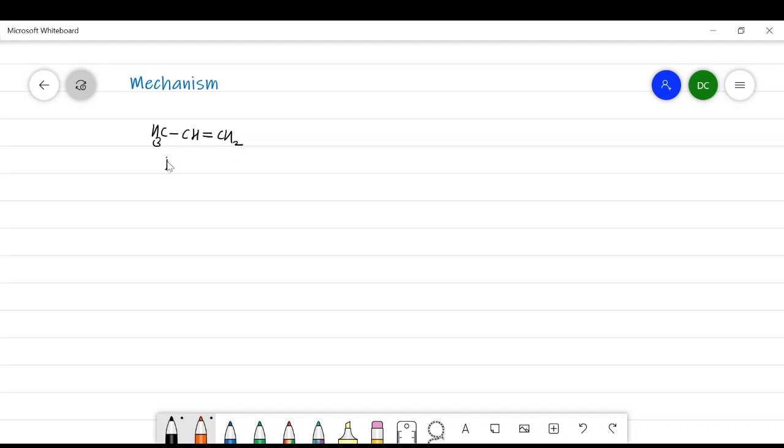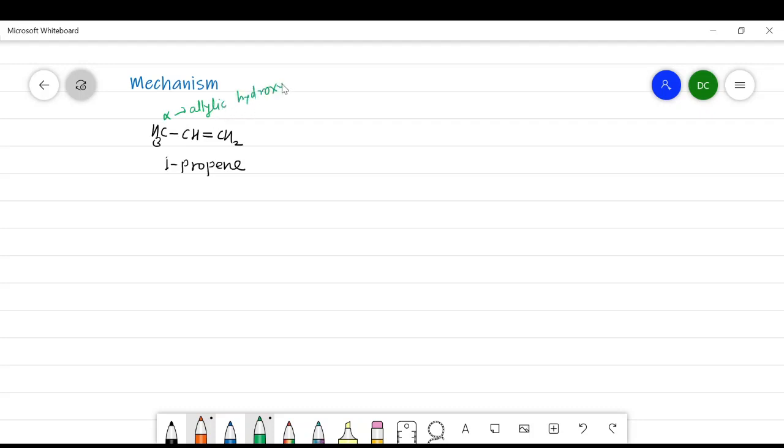This is 1-propene, and in this propene, these two carbons are joined by a double bond, and this carbon which is attached to this carbon is known as an allylic carbon. So there is a presence of allylic carbon or alpha carbon which is attached to this double bond. Therefore, there is a possibility of allylic hydroxylation.